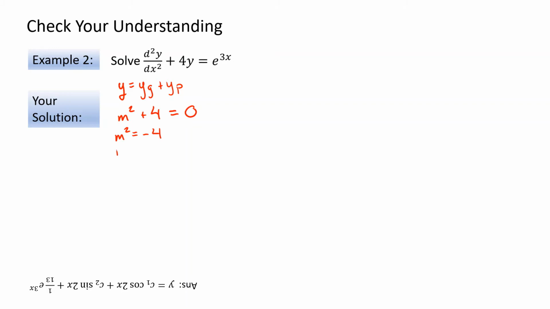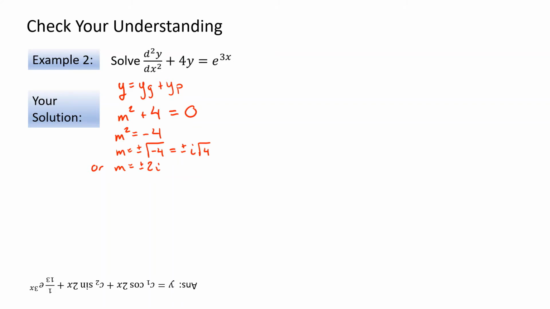So m is equal to plus or minus the root of negative 4. Remember, it's under the root sign, so it's a complex number. So that's equal to plus or minus i times the root of 4, or m is equal to plus or minus 2i.